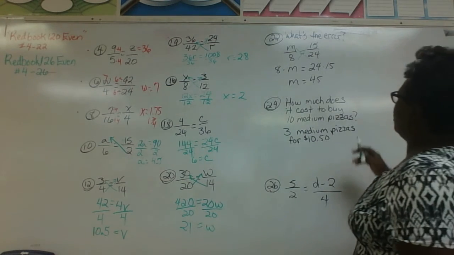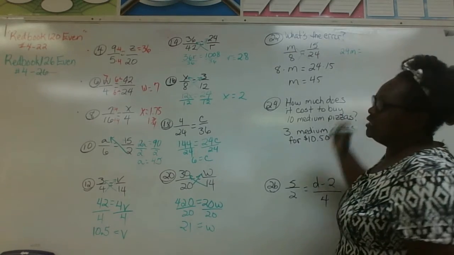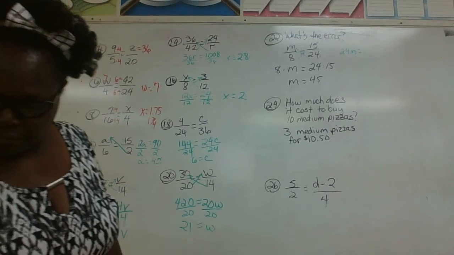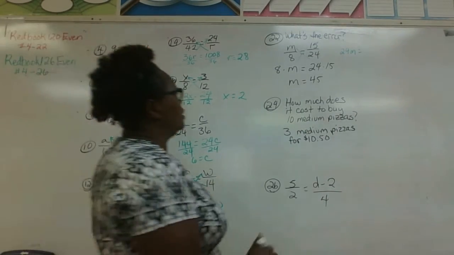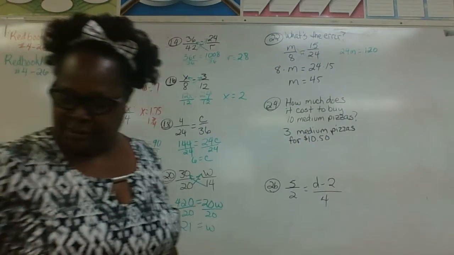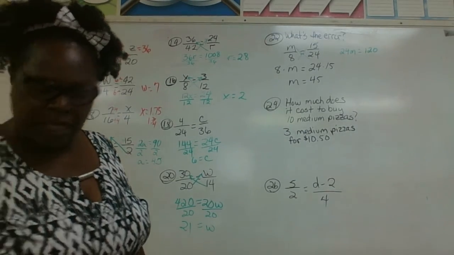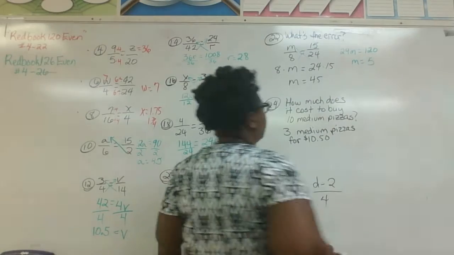If they were to cross multiply, it would have been 24m is equal to 8 times 15, which gives you 120. Then you would isolate, and therefore m is equal to 5, okay?